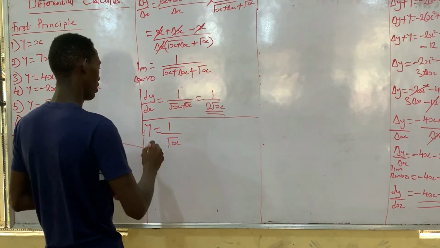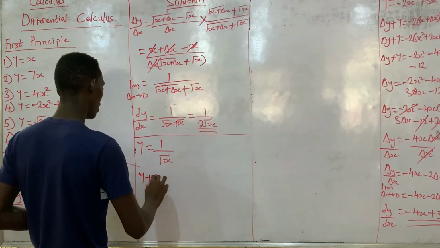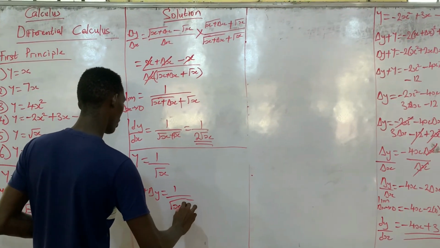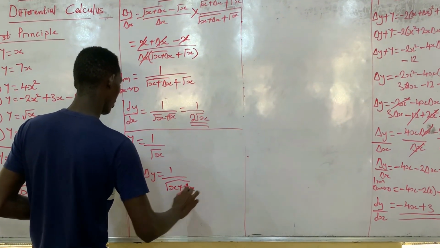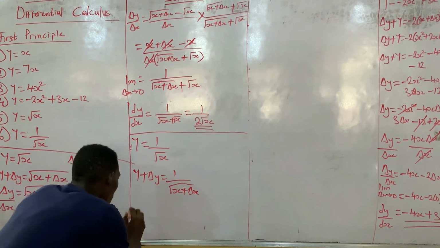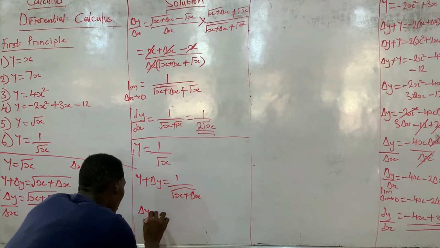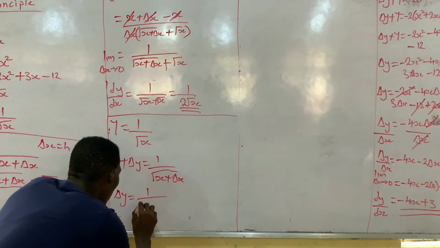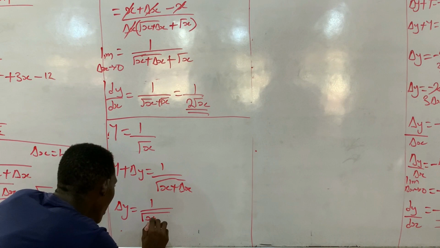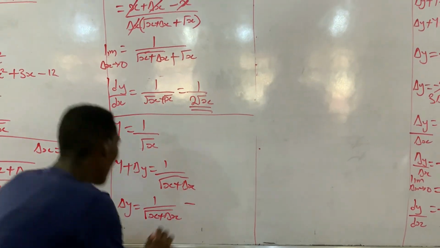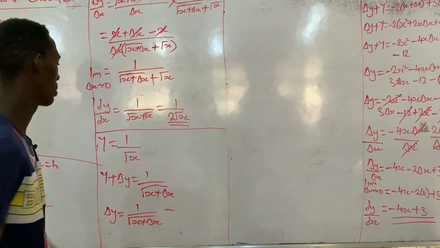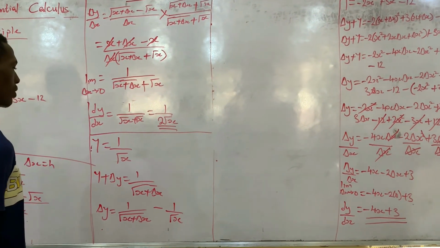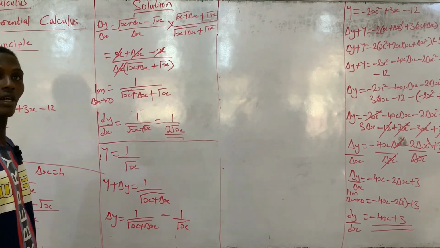So now let's start. This becomes y plus change in y is equal to 1 over root x plus change in x. Now, change in y is equal to 1 over root x plus change in x minus our y coming over, which becomes 1 over root x. What do we do next? We find the LCM.